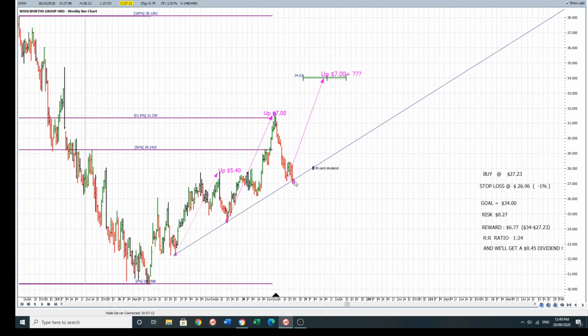And what I used to do is run a 1% risk stop loss. So if it fell about 27 cents from here, I'd sell out and it wouldn't be painful to the balance. But now our goal is up $7. So we will try and see if it gets to $34 and then we will sell it for a profit.